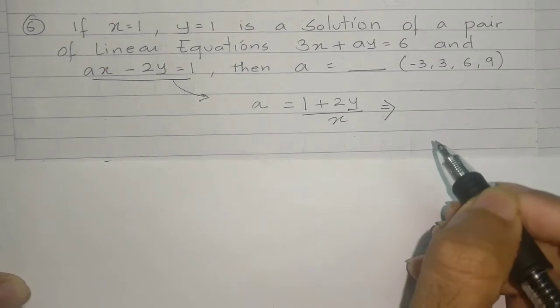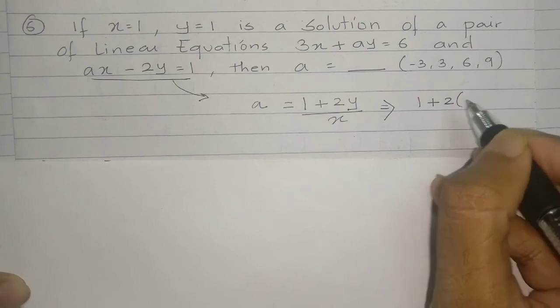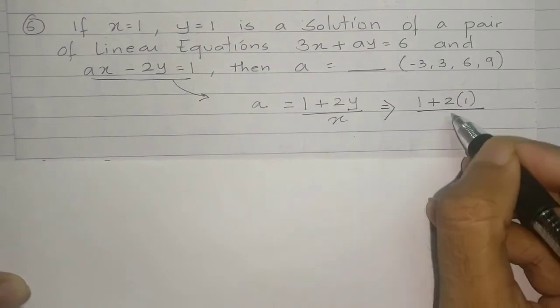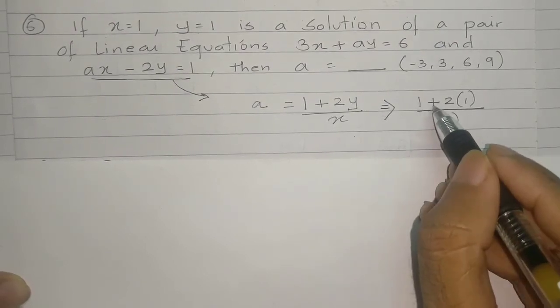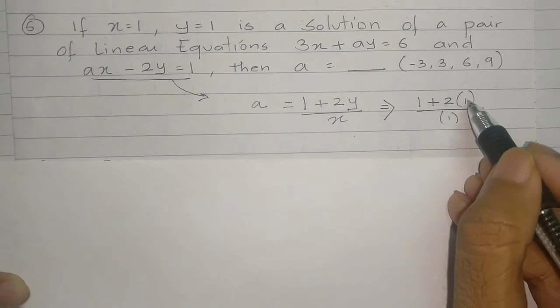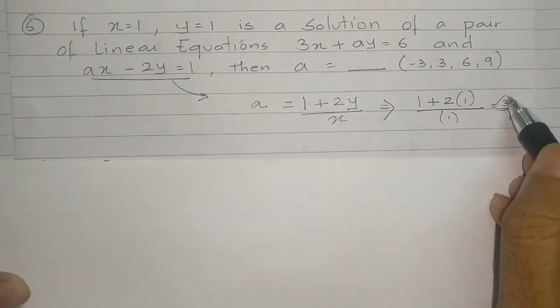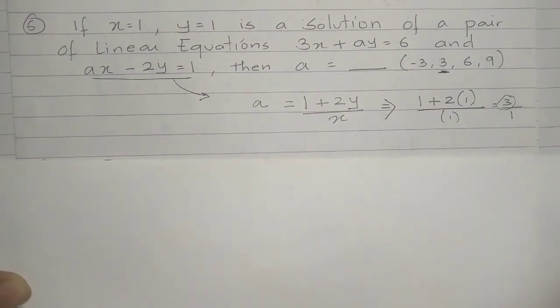So I'll write it over here: 1 plus 2 times 1, upon 1. That is 1 plus 2 ones are 2, so 3 upon 1, which is equal to 3. So my solution is 3.